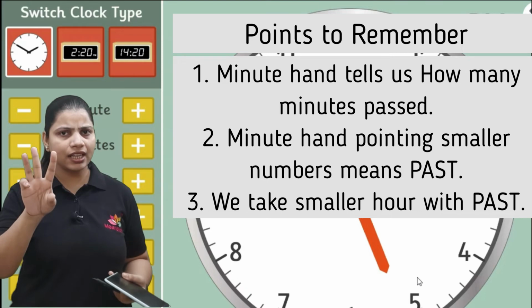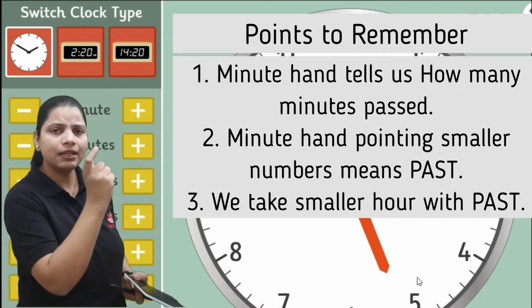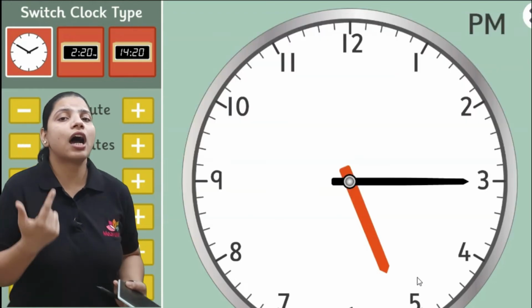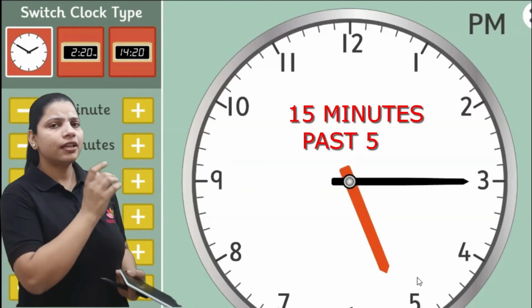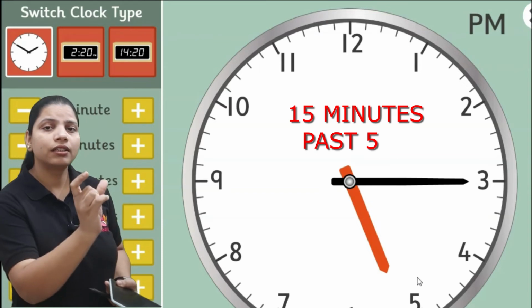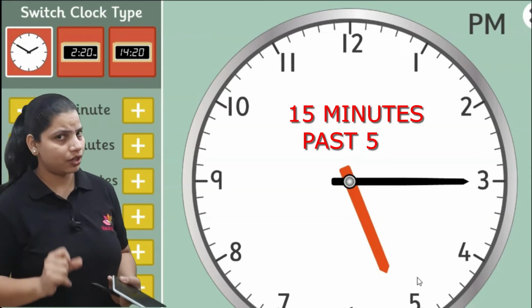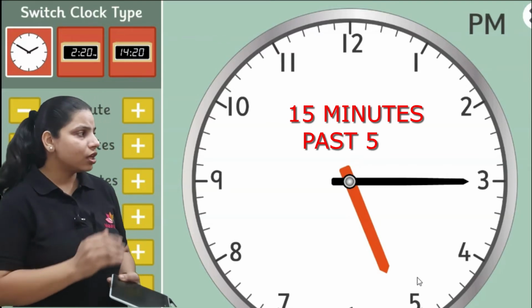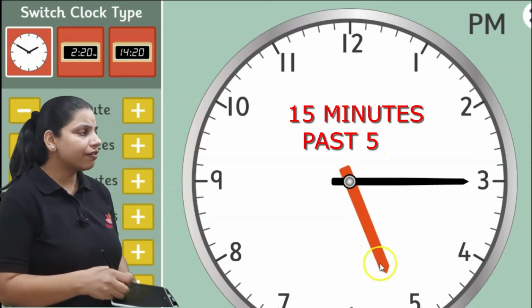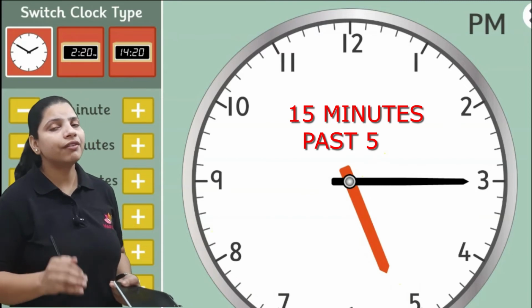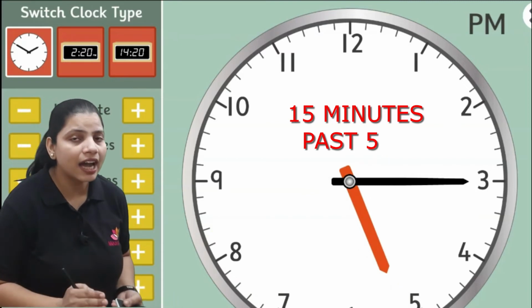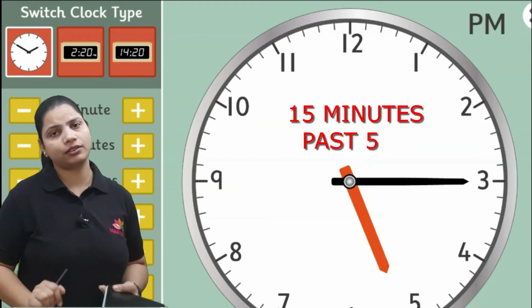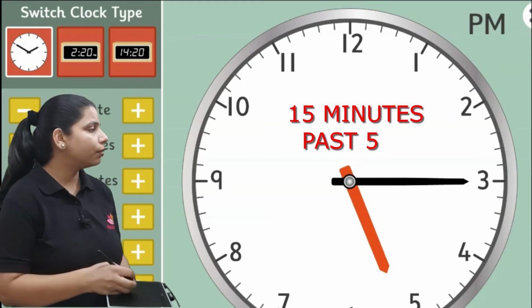Okay, we have 3 things. First is how many minutes. Second is past or to. And third is the hour. 15 minutes past 3 or 4 or 5 will be decided by where the hour hand belongs. So right now it's between 5 and 6, so it will be 15 minutes past 5. For past, we will always use the smaller hour, not the bigger hour.